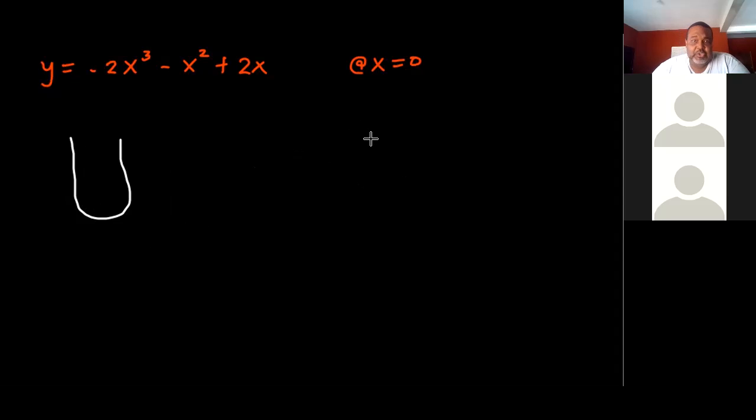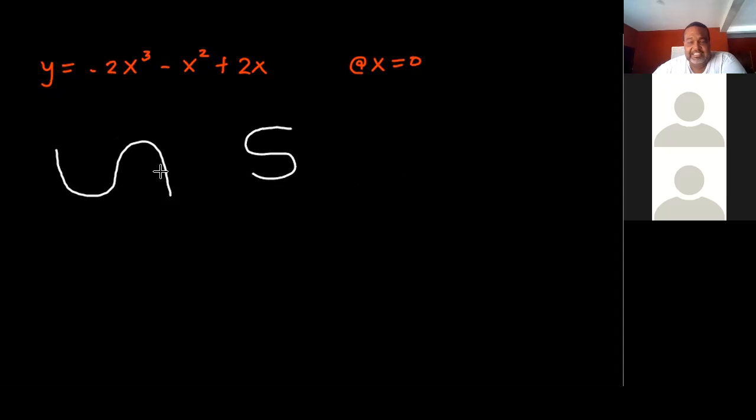Because we have a cubic function, we have what we call an S curve. One way an S curve might look is a sideways S, it could look like that and so forth. So in an S curve, when you have a tangent, you could touch multiple points on this curve, okay?